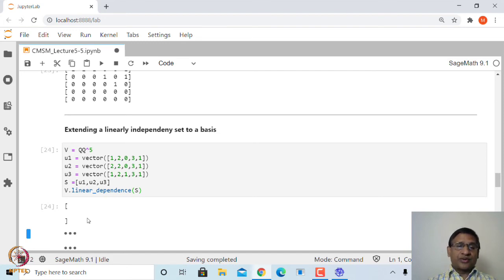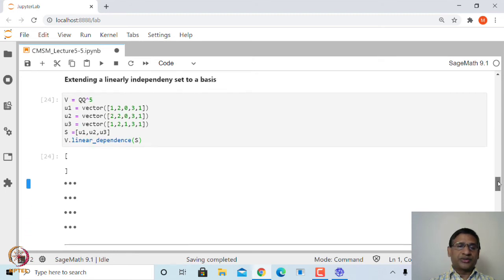Once you have selected U4 which is not in the linear span of U1, U2, U3, you can show that U1 to U4 will be linearly independent. So again you take a linear span. In case it is not the complete vector space, then you select something which is outside the linear span of U1, U2, U3, U4. So you keep on continuing this. That is the proof of the theorem.